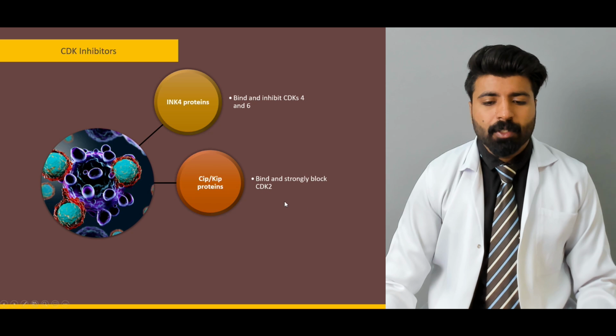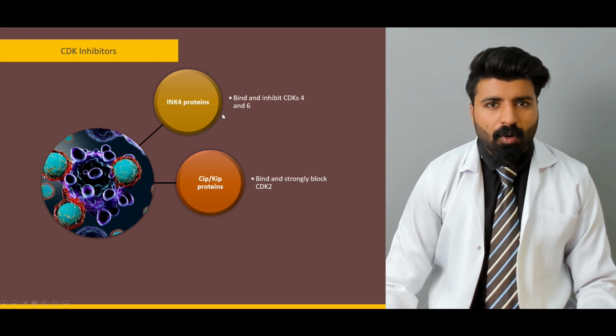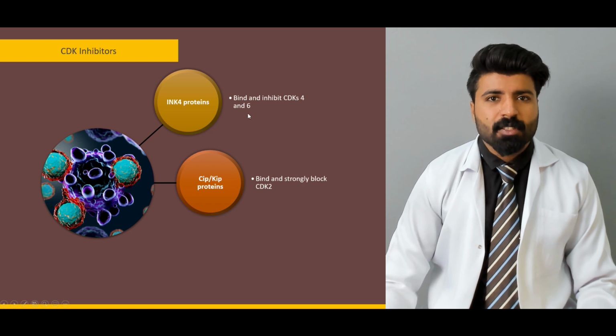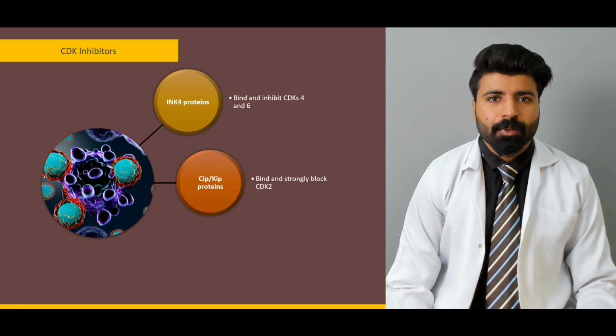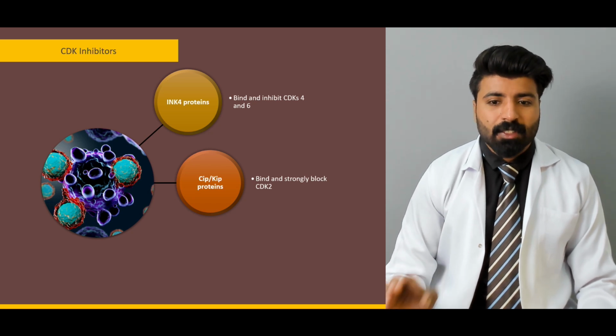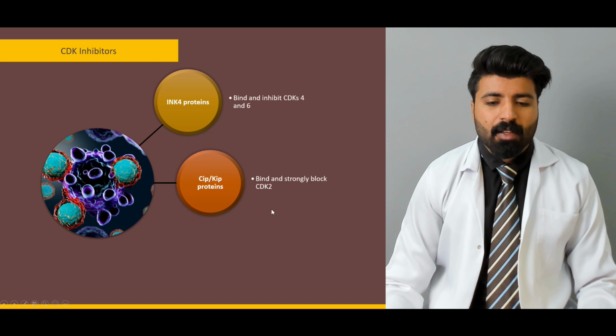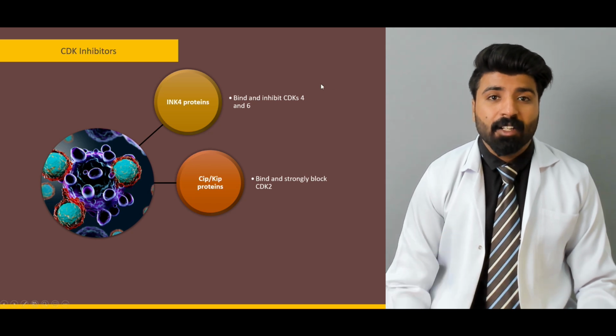They're going to bind and strongly block CDK2. Now CDK2 was also being activated by cyclin D and E. So if 2, 4, 6, all of these are blocked, the cell cycle won't continue. So this also has a way of getting back to cyclin D and E.